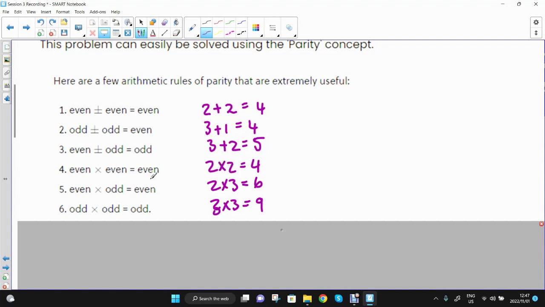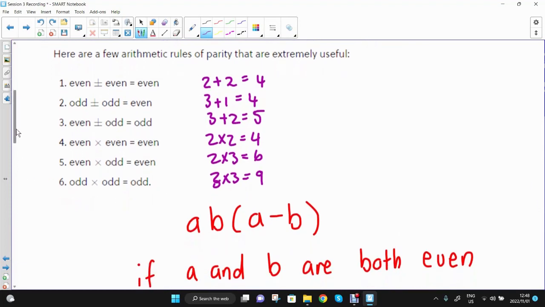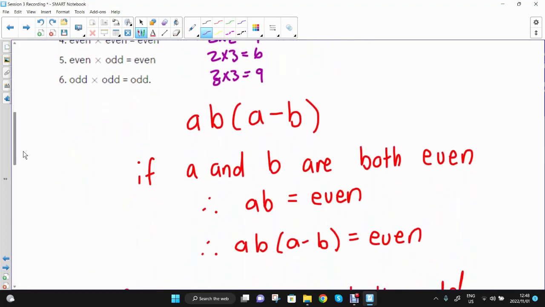Then for multiplication, if you times 2 even numbers, you always get an even. If you times 1 even and 1 odd, you will always get an even. And then finally, if you times 2 odds, it will always give you an odd. So remind yourself of that, because then this example becomes quite easy.